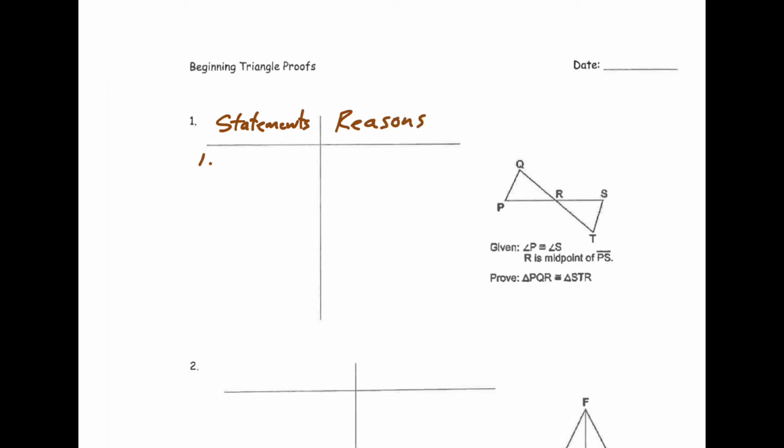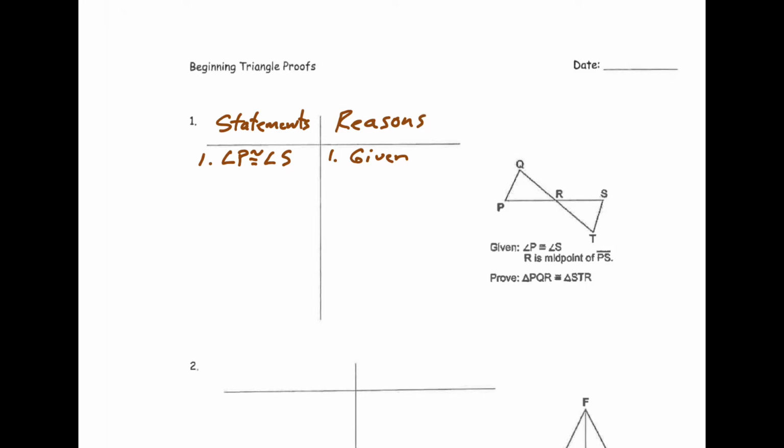Okay. When I start a proof, we always want to start with our givens. So I'm going to say angle P is congruent to angle S. And our reason for that is going to be given. Now it is okay if you want to put all of your givens on the same step.